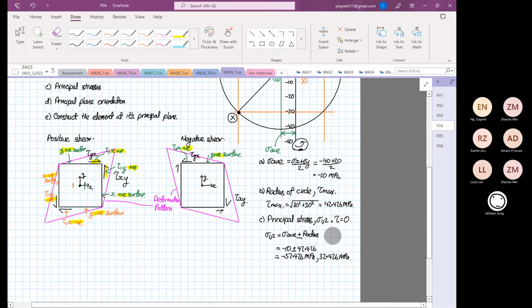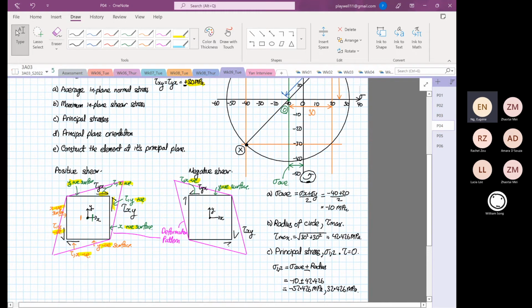Okay, and then the next part of the question, we have done part A already. Okay, we've done B, we've done C. Next, we are going to do E, the principal plane orientation.